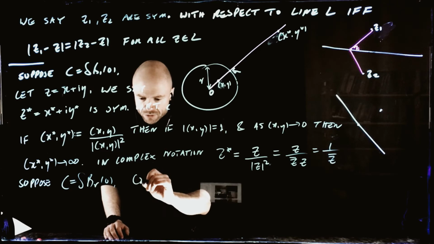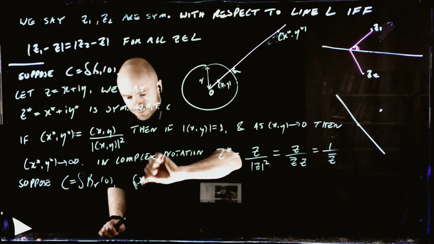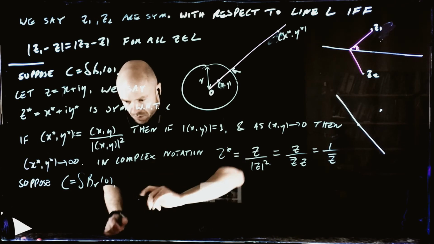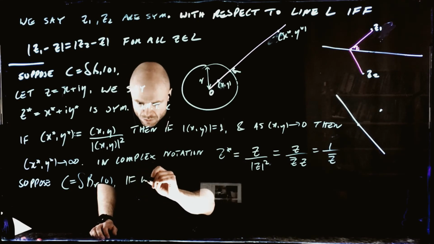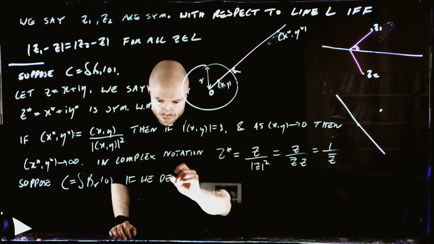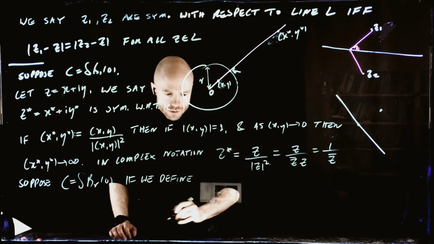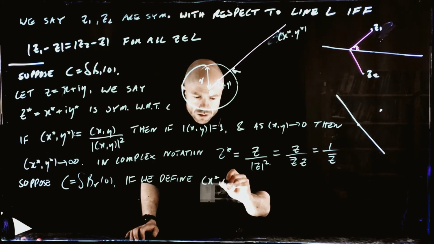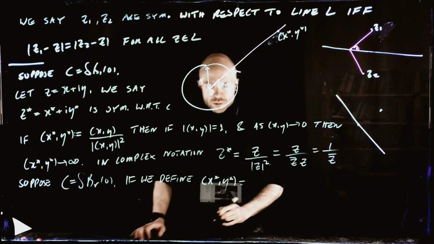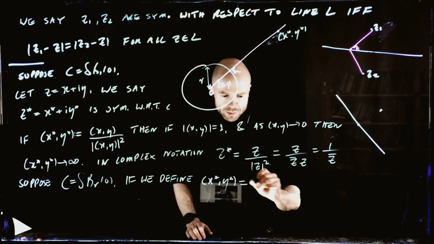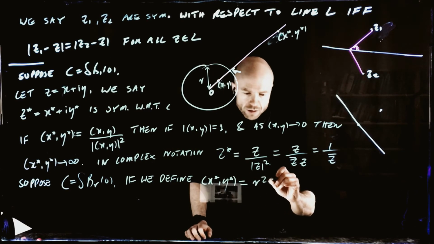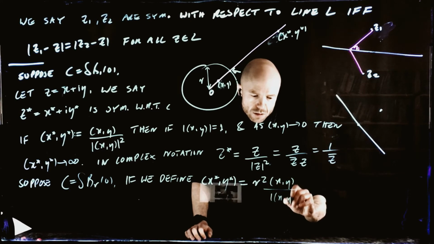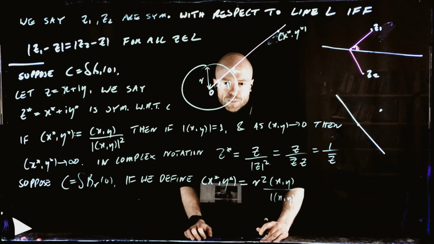Well, if we define x star, y star to be something similar to this, except that we're going to multiply it by r squared, so like this. Yeah.